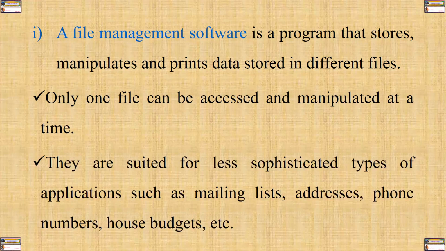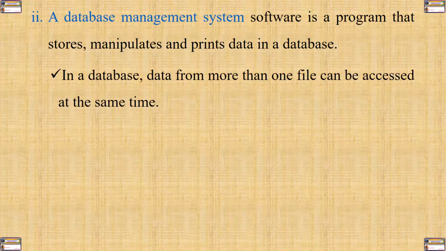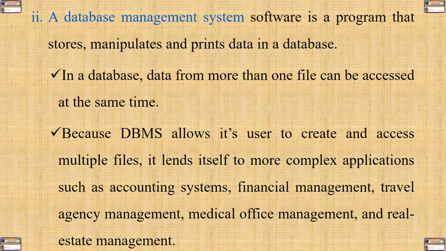They are suited for less sophisticated types of applications, such as mailing lists, addresses, phone numbers, house budgets, amongst others. And database management system software, on the other hand, is a program that stores, manipulates, and prints data in a database. In a database, data from more than one file can be accessed at the same time.